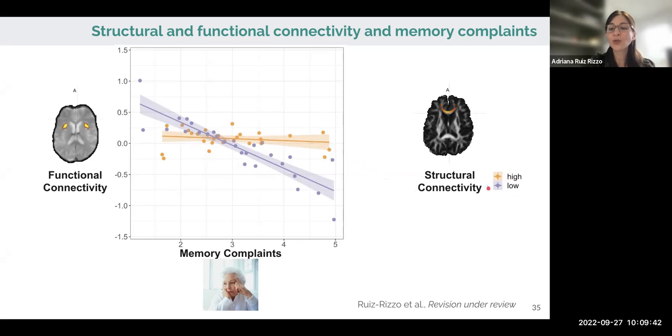However, for those with lower structural connectivity, or less preserved white matter, we found a negative correlation, meaning that greater memory complaints at baseline were associated with lower functional connectivity 3 years later. In other words, structural connectivity was a moderator of the relationship between functional connectivity and memory complaints.